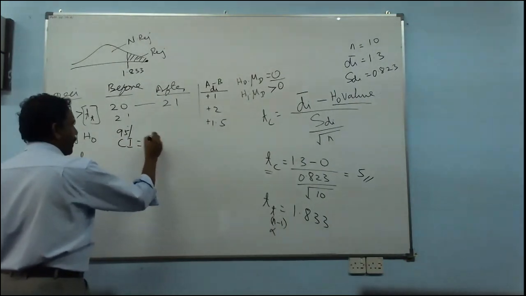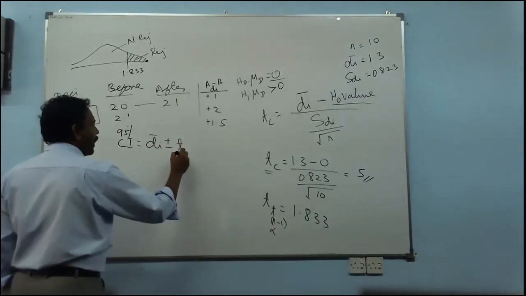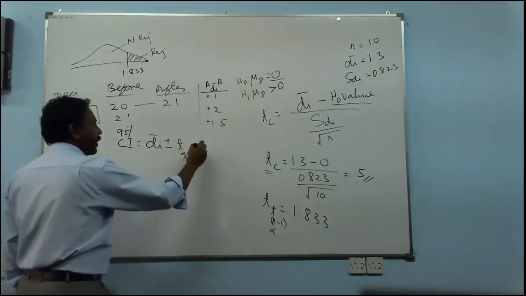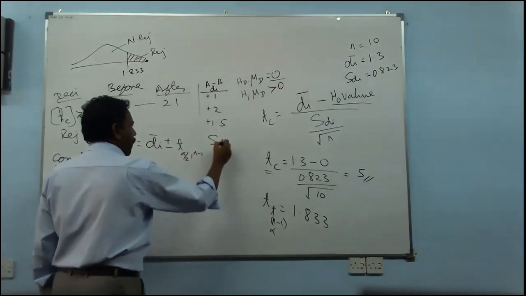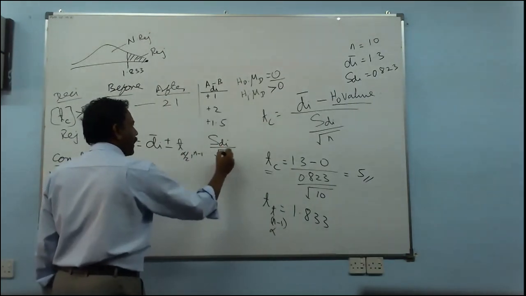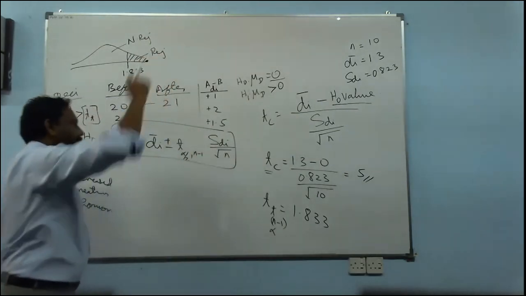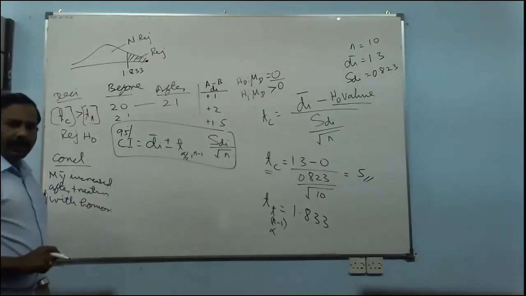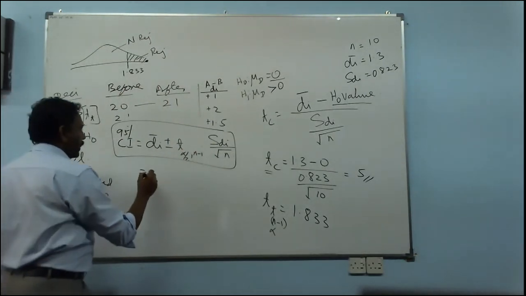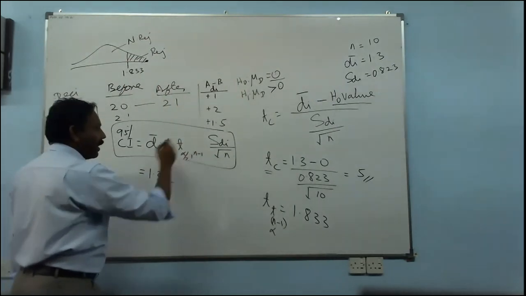d-bar plus or minus t alpha by 2 with n minus 1 degrees of freedom, times s_d divided by square root of n. So we can have a confidence interval as such. It is equal to 1.3 plus or minus. What is the table value?